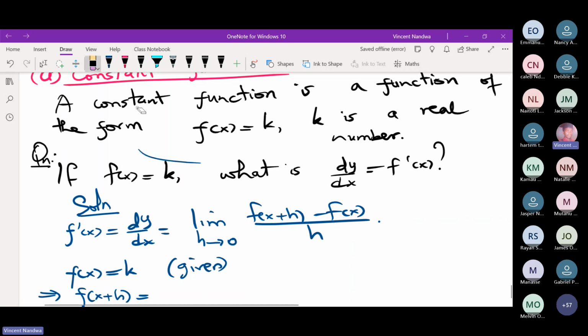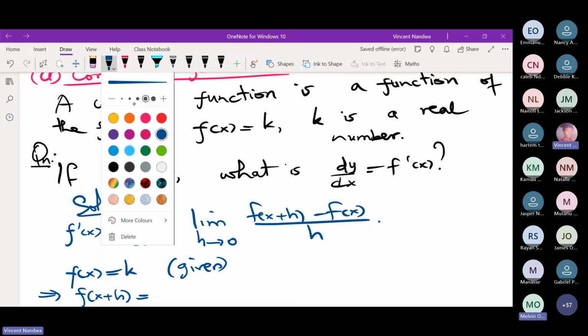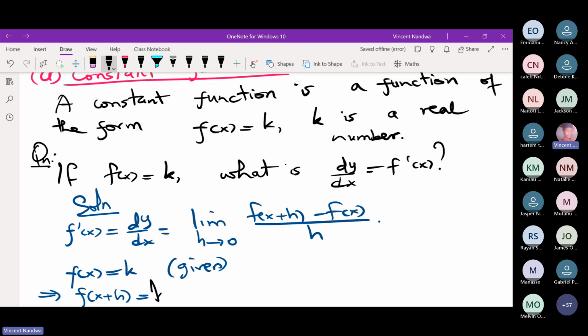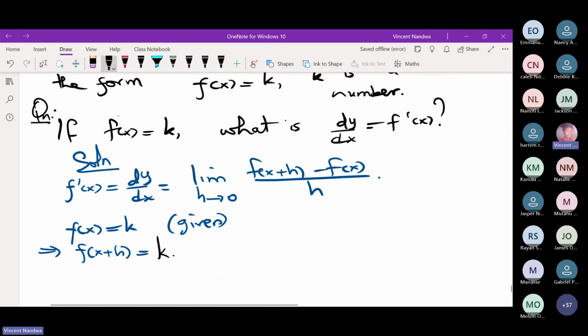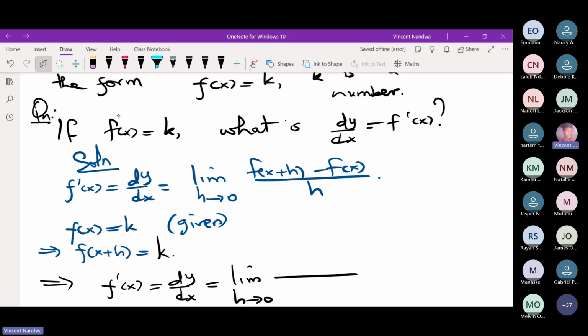So remember, constant means not changing. So regardless of the input you put for f of x, when f of x is k, the answer remains to be k. So f of x plus h will remain to be k. So this is k. So this implies that f prime of x, which is dy dx, will be the limit as h approaches 0 of k minus k, divided by h.